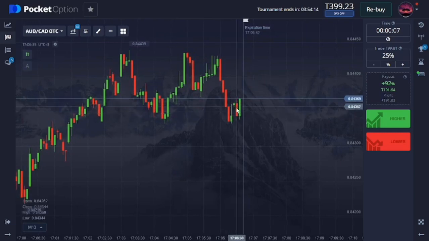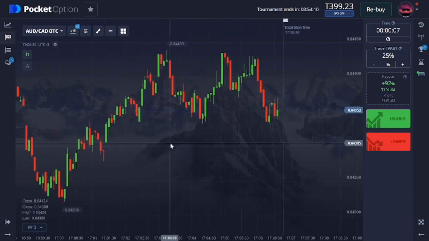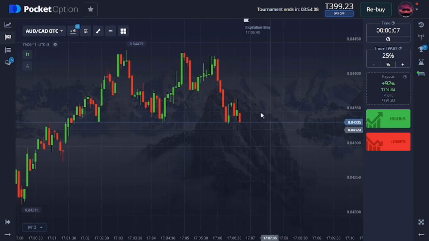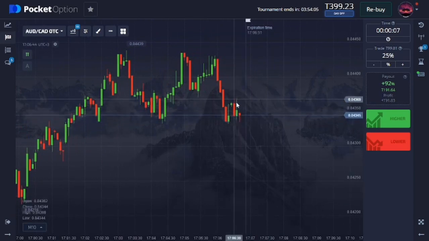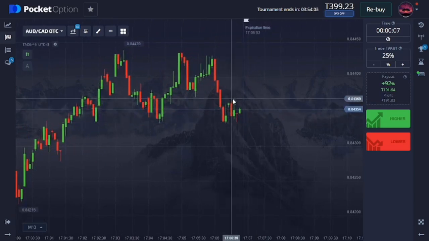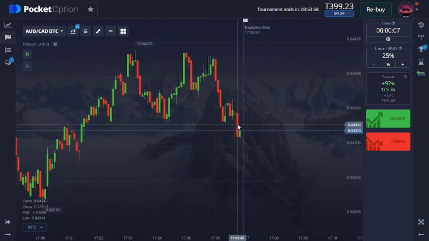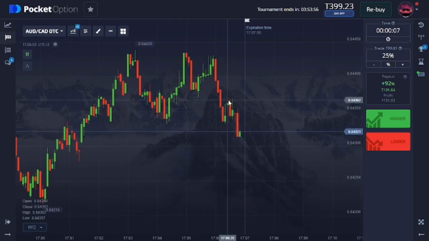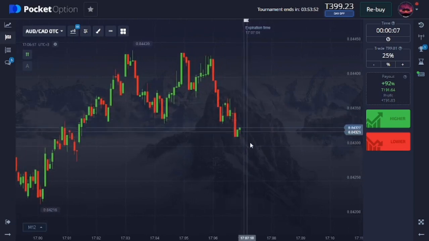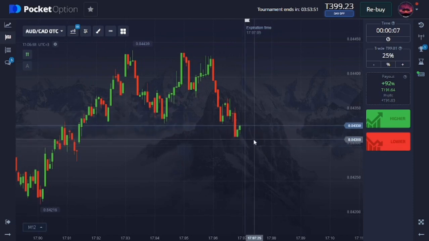Most of the time when the trend is broken, the price will retest, just like this one. It will retest it and then continue in the direction where it broke the trend. Okay, that's what you are seeing right here.